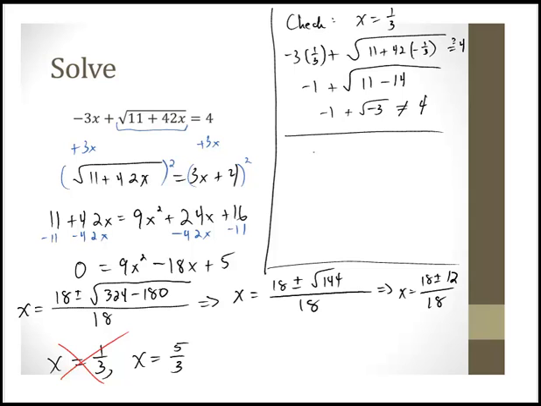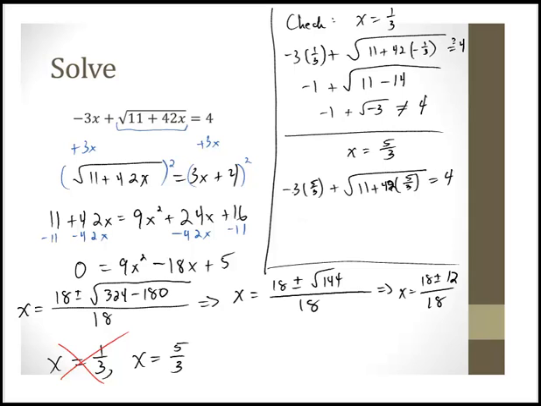Alright, let's check the other solution. X equals 5/3 would give me negative 3 times 5/3 plus the square root of 11 plus 42 times 5/3. Is this equal to 4?